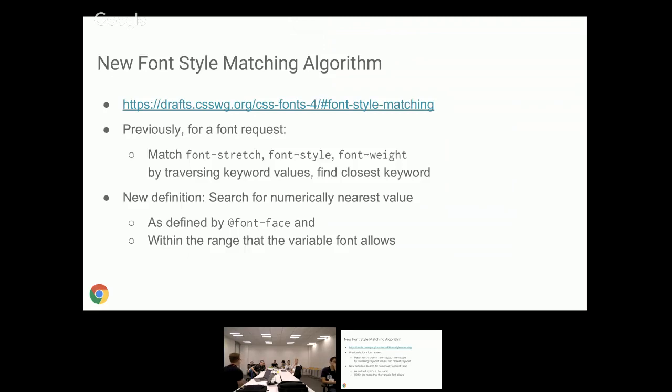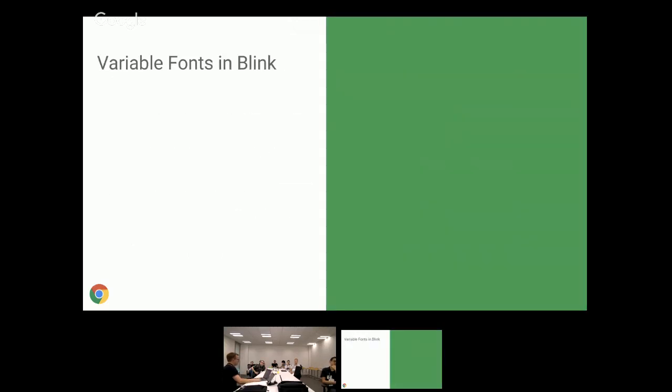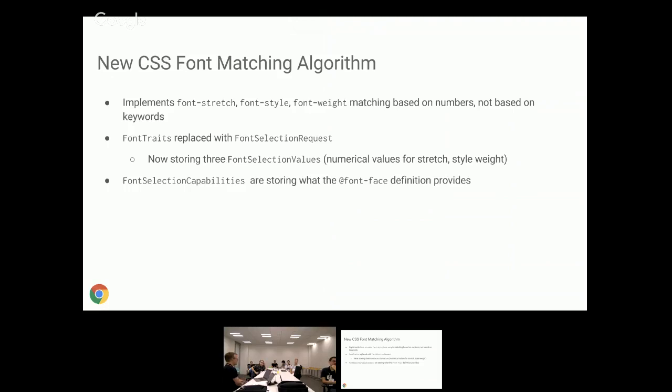Previously, it was basically taking a fixed stretch value and matching it against another fixed stretch value, or finding at least the closest one. Now you need to numerically search for what's the closest and see if that's in the range. So to implement this in Blink, font-stretch, font-style, and font-weight were turned from fixed token parsing values to being passed as numbers.